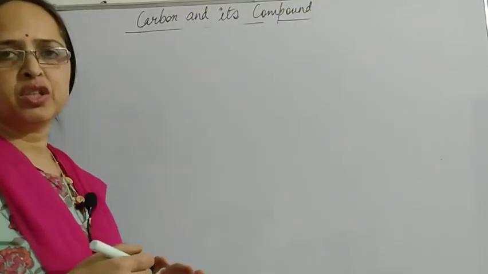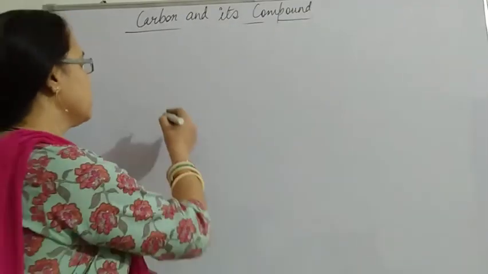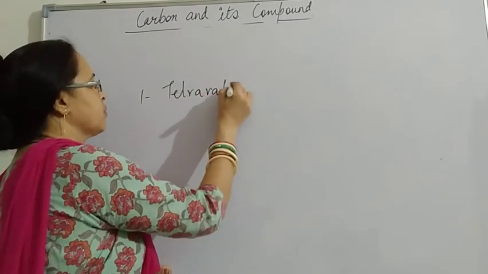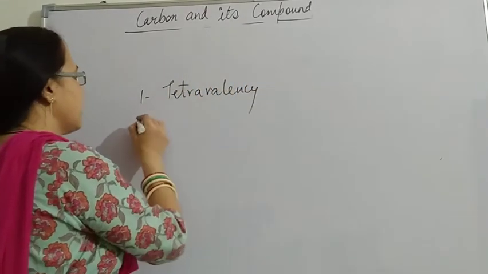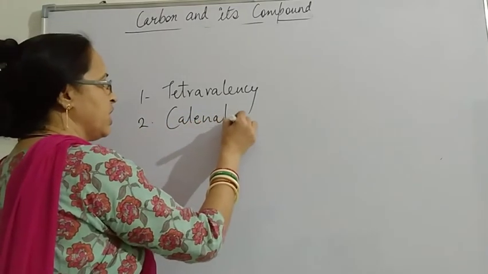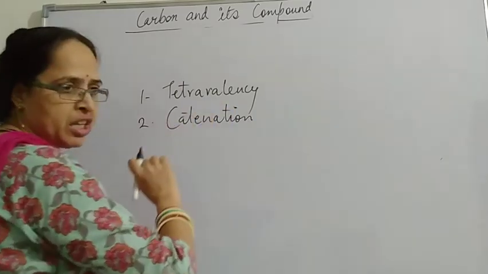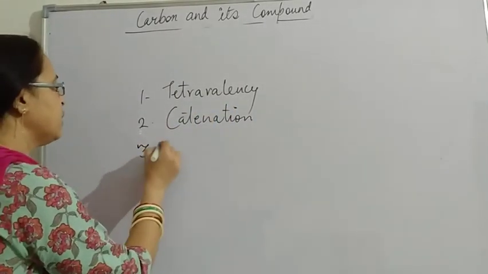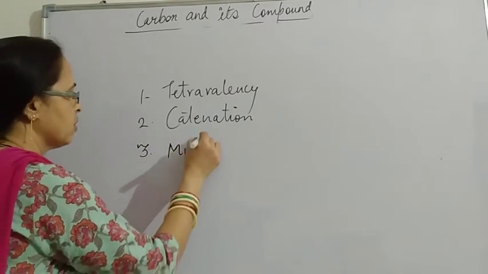Students, just now we discussed the versatile nature of carbon. First, it shows tetravalency. Second, it shows the property of catenation, that is forming a long chain as well as a branched chain or ring-like structure. And the third one is that it forms multiple bonding.